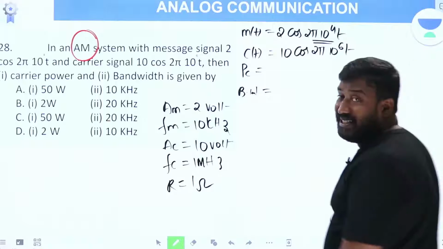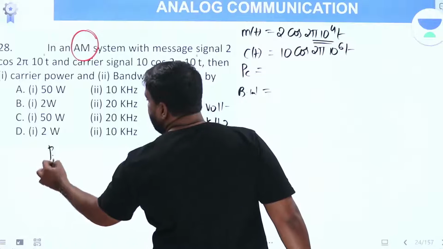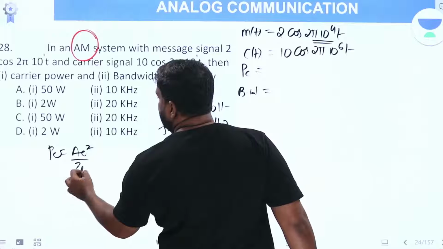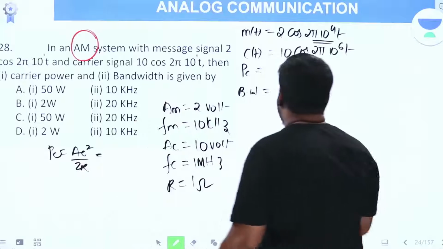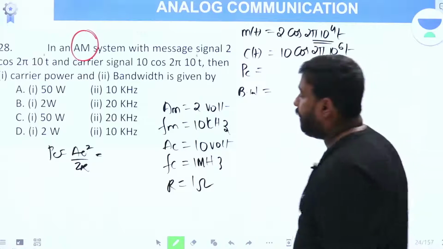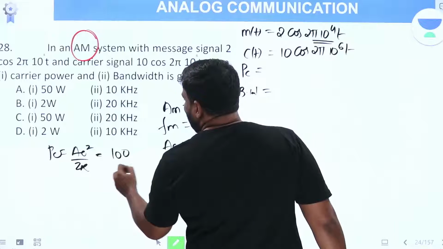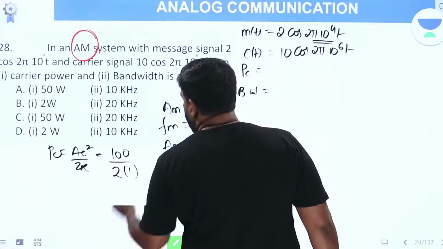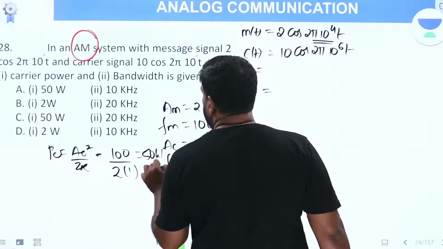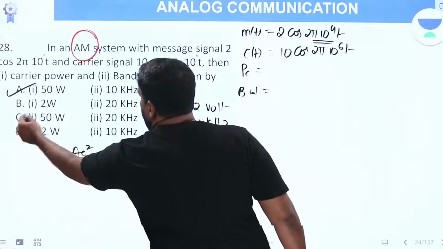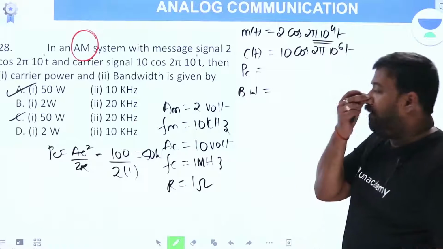Carrier power Pc is equal to Ac square by 2R. Ac square is 10 square, 100, by 2, R is 1. This is 50 watt. So the answer must be between A and C.